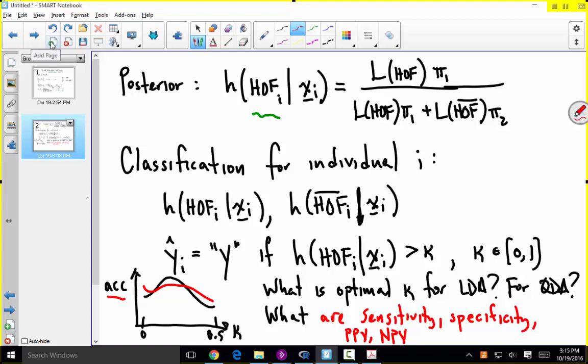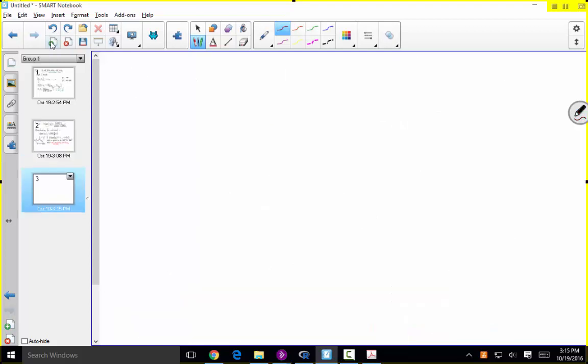So what are these things? Let's consider what the outcome of our classification exercise would look like. We have some number of players who are in the Hall of Fame, and we have some number of players who are not in the Hall of Fame. And then we make predictions. We classify each player. So let me say this is truth up here, and this is prediction.